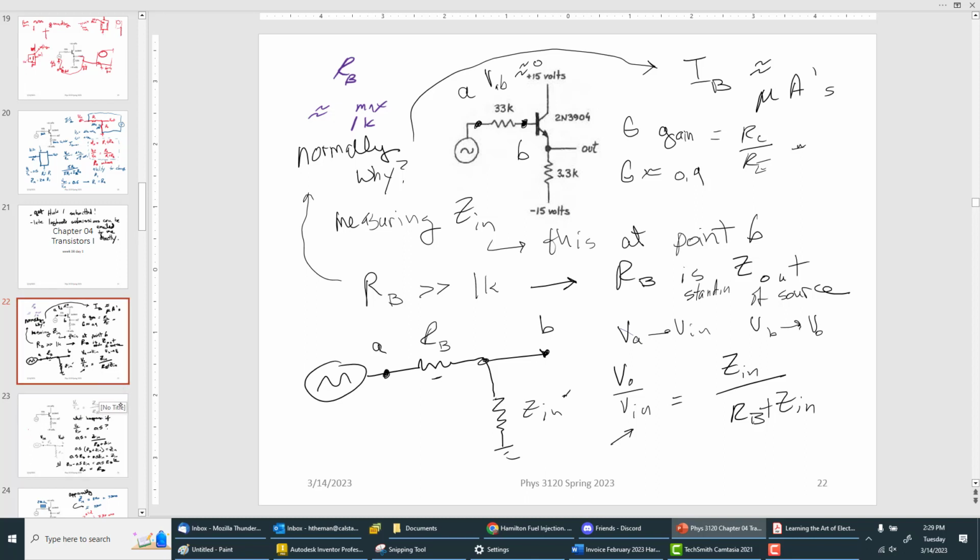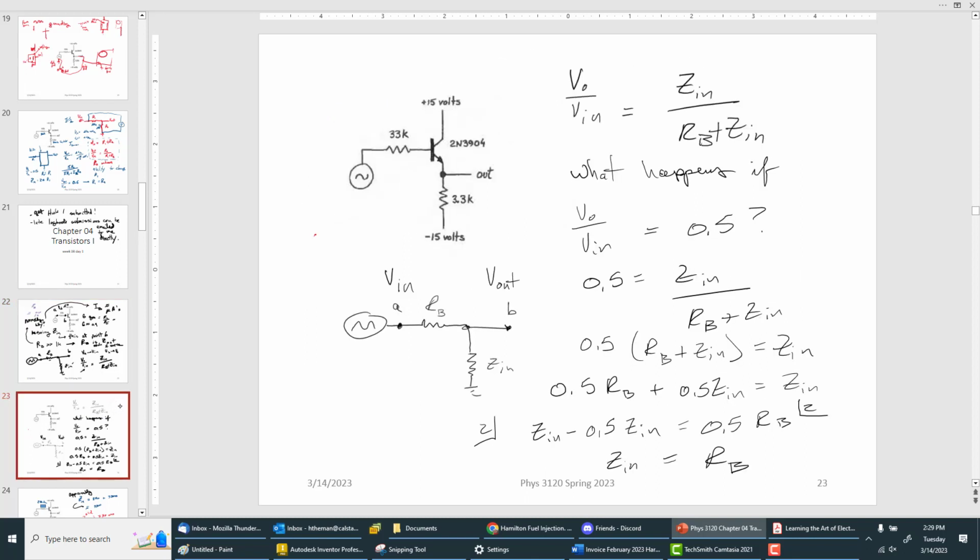Okay, so I'm going to go forward if that's okay. So you see now I just brought forward the two circuits. I brought forward the equation. So what we do is we do what's called an ansatz, and we just guess at the answer. And we say to ourselves, okay, what would happen if V out over V in equals 1/2 exactly?